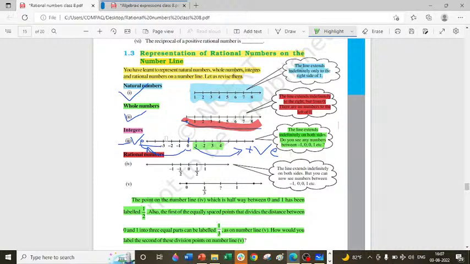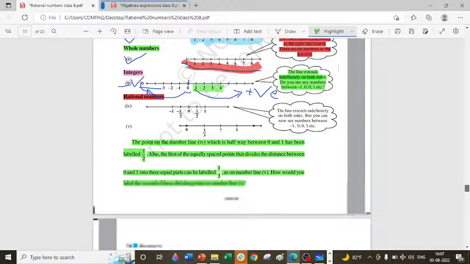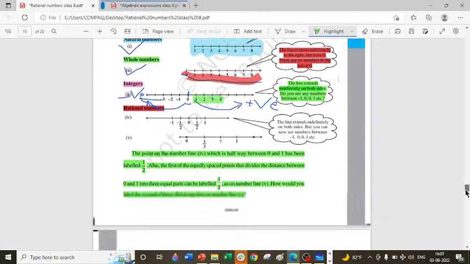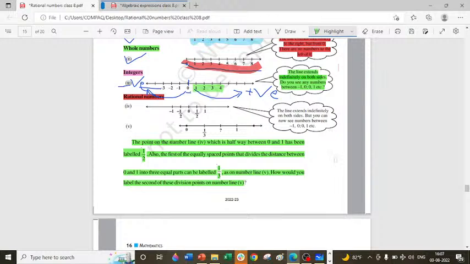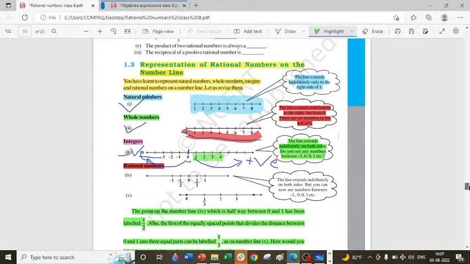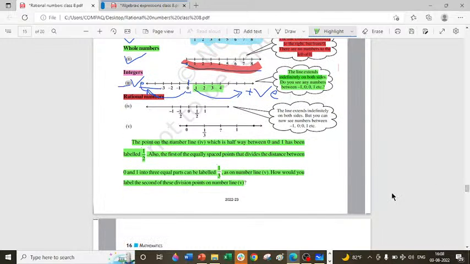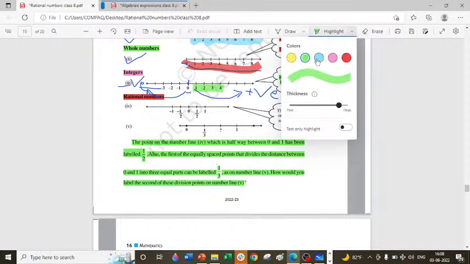I think you are now clear with how we can plot the natural numbers and whole numbers on the number line, and we have just learned how to plot the integers on the number line. Now we are going to the main part of the representation, so you have to listen to me carefully over here.